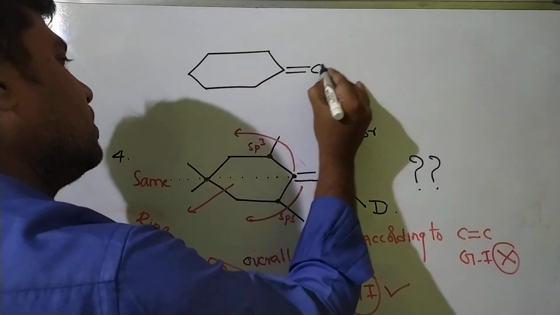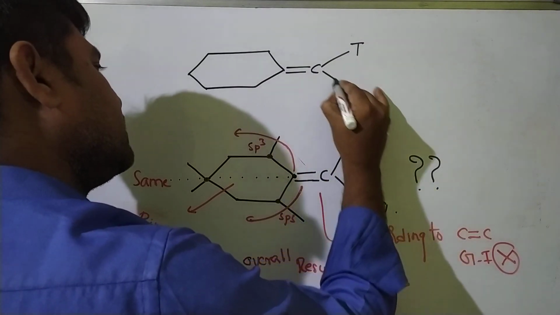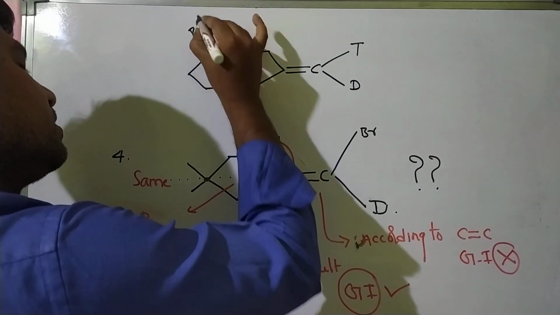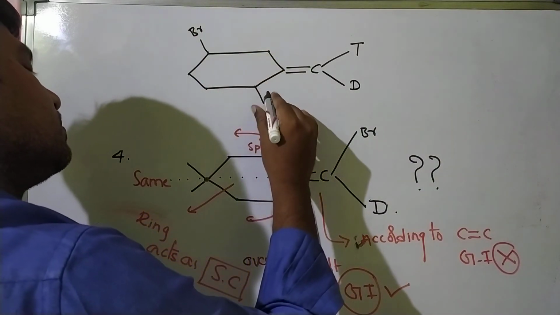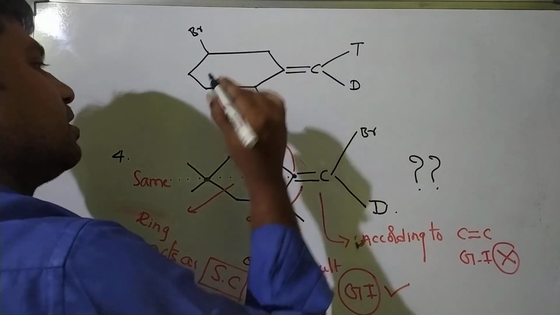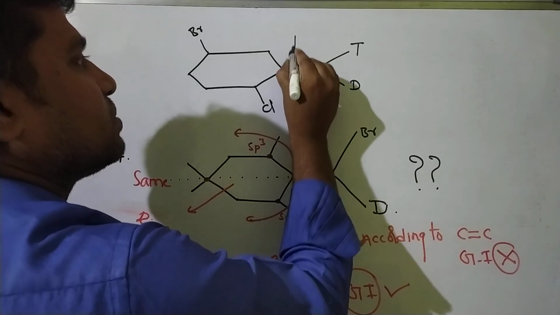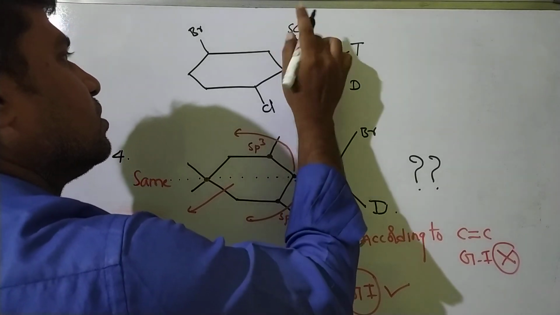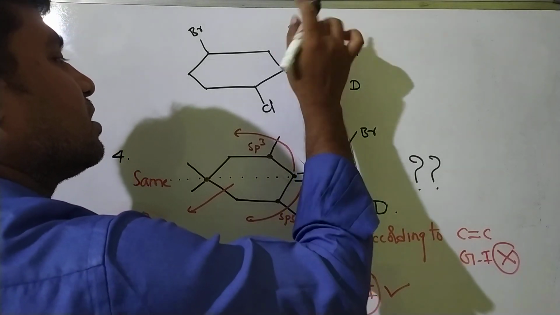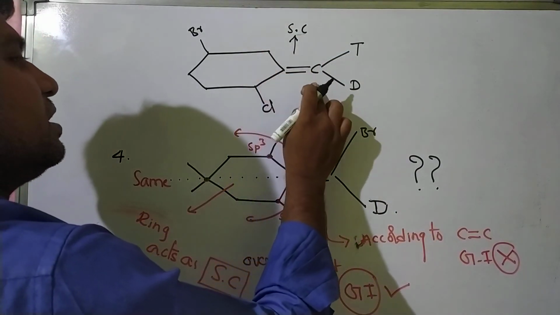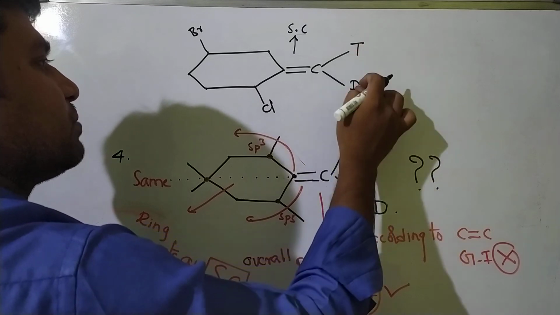So this is a double bond. This is a tritium. This is a deuterium. This is bromine. This is chlorine. Here there are two stereo centers. This is one stereo center, SC means stereo center, and this is one stereo center. These two groups are different.